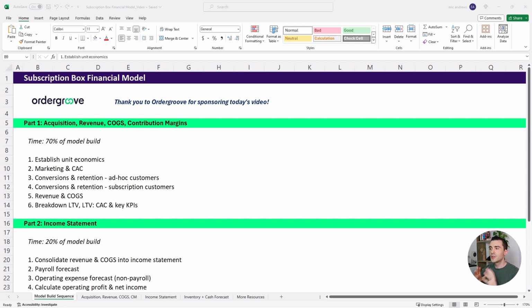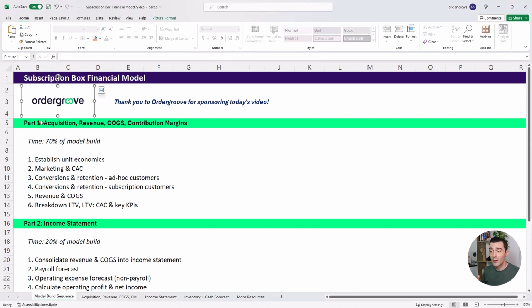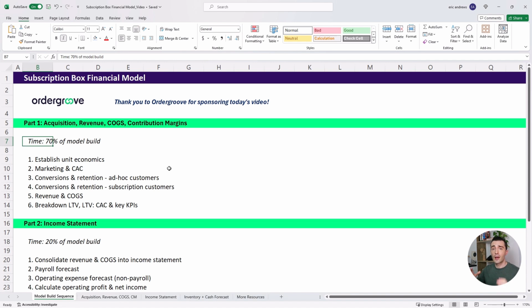Okay, so welcome to part 2 of the ultimate subscription box financial model series. In part 1, in case you missed it, we forecasted a supplements business that is selling to transactional ad hoc customers and subscription customers. We forecasted their unit economics, which is usually different for subscriptions versus one-time buyers.